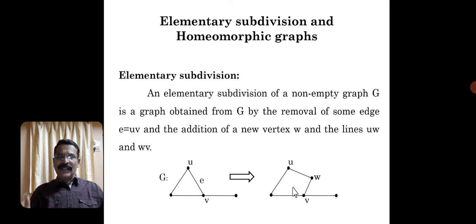In a graph, if you delete one edge, introduce one new vertex, and join that vertex with the endpoints U and V of the edge E equal to UV, you get another graph.